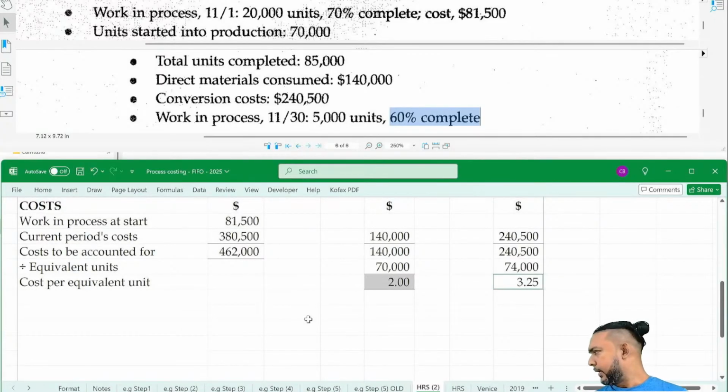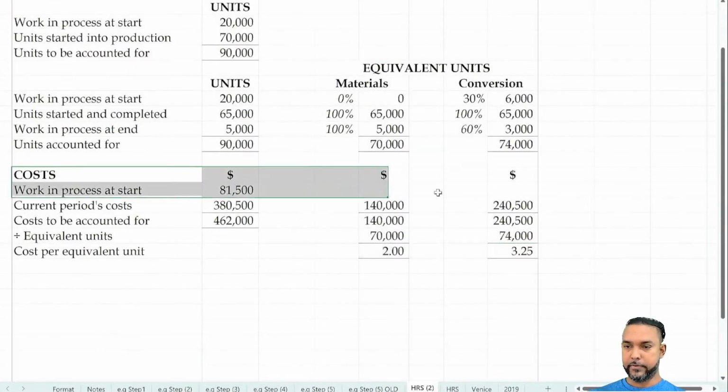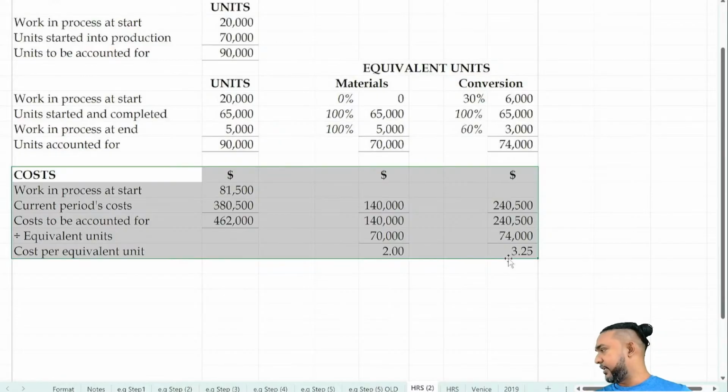Okay, so can I just get a quick G from the chat, my Google Meet people, if you're good with what we have for that section down there? If you need me to re-explain any particular aspect, that's not a problem, give me an R. One, two, three, four, five, six, seven, eight, nine.